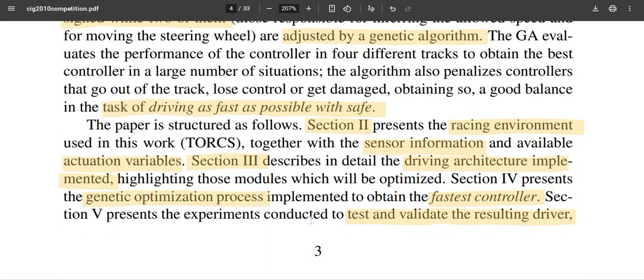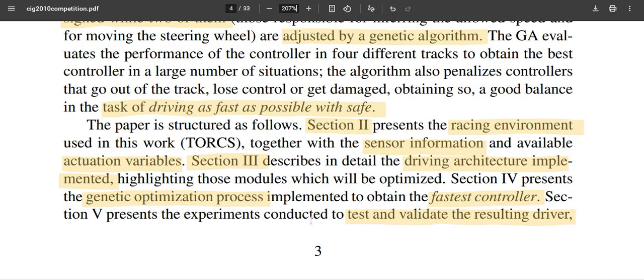The paper is divided into 5 sections. Section 2 describes the racing environment, the TORCS environment, and the TORCS simulator itself. Section 3 describes the fuzzy logic driving architecture implemented in this paper and how it is optimized.